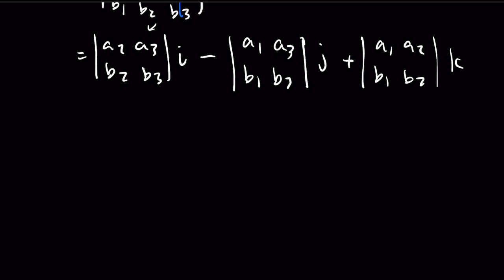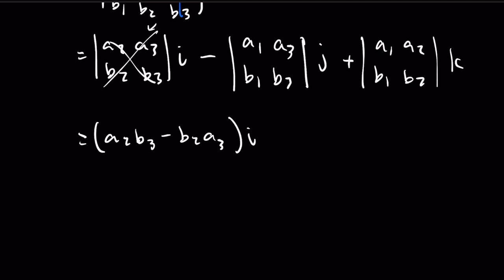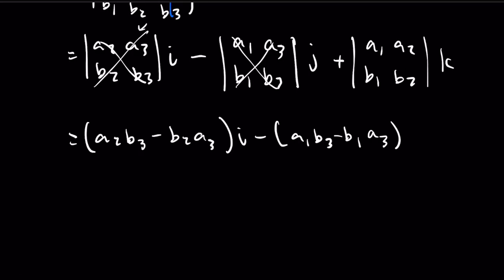So to help visualize that, let's look at i first. The product of this diagonal is a2 times b3, and we subtract it by the product of this other diagonal, which is b2 a3, and then we multiply that by i. And we do the same thing for j: multiply this diagonal, a1 b3, subtract it by this diagonal, minus b1 a3.